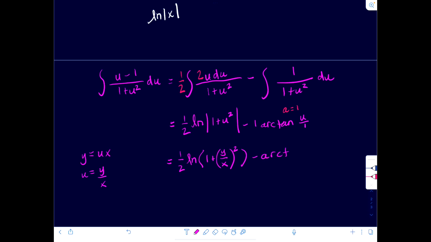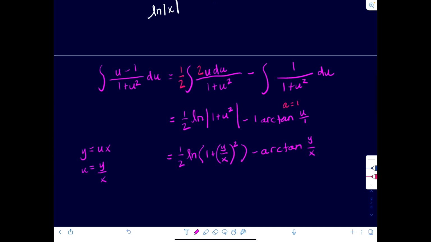minus arctangent of y over x, which will be 1/2 times natural log of (x squared plus y squared) over x squared minus arctangent of y over x.